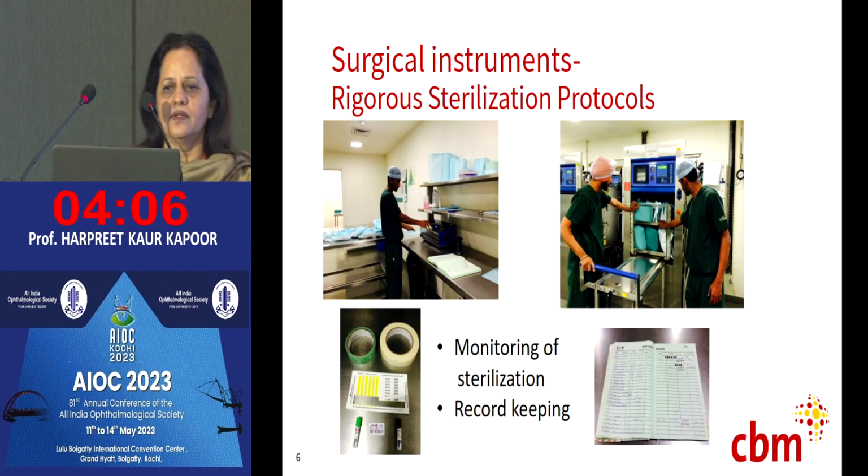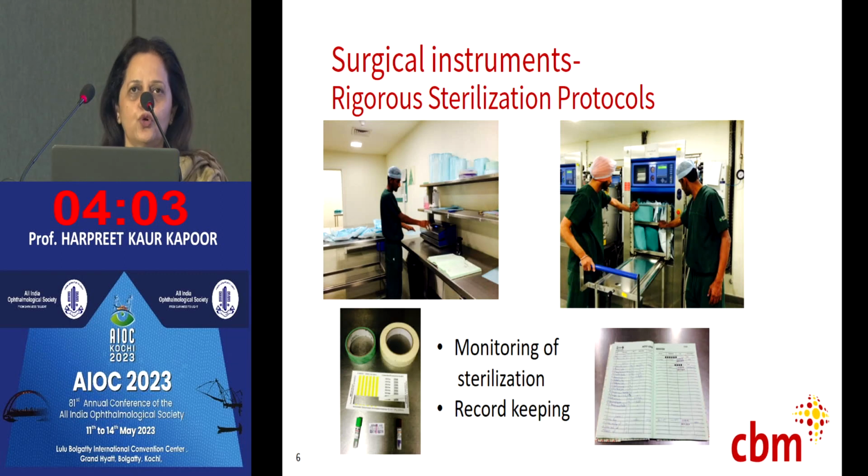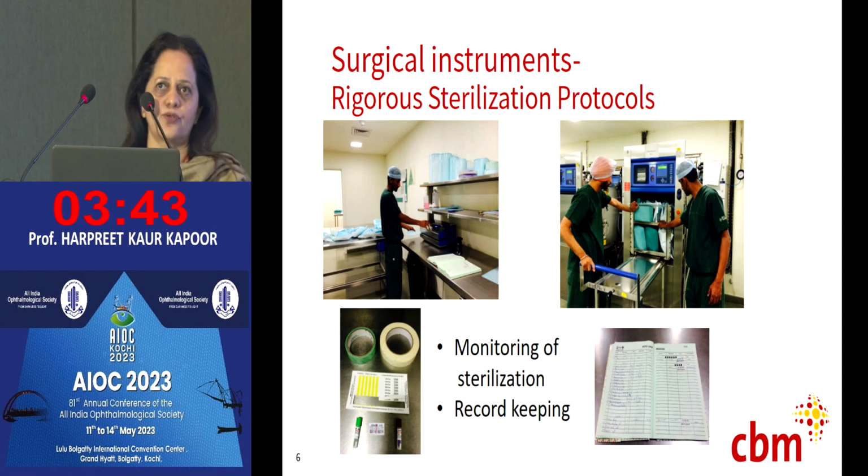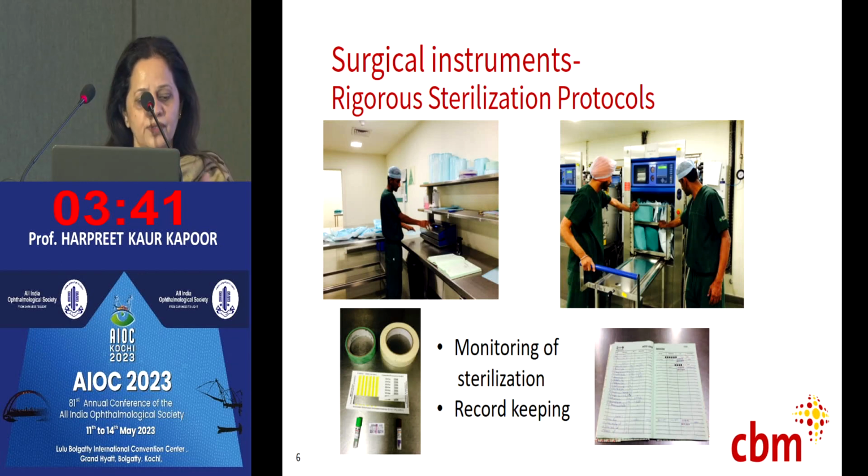As for the surgical instruments, a rigorous sterilization protocol has to be in place for sterilizing instruments, because that is also one of the major causes leading to an outbreak. So autoclaving, as we all know, is the gold standard, and of course ETO for certain instruments. In a high volume setup, it's mandatory to have several instrument sets so that they can be autoclaved in between cases.